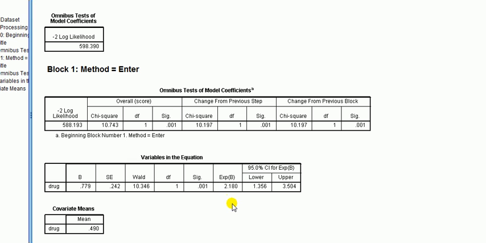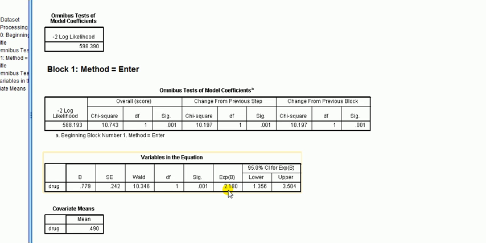Now we know about the direction, let's talk about the magnitude. For this I want to look at this figure here. This then is the hazard ratio. Well, what is a hazard ratio? Well, it tells us the factor by which the hazard rate is lower or higher to the hazard rate of the group coded 0.